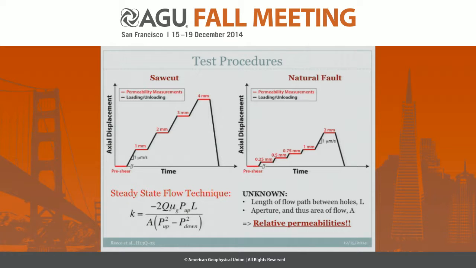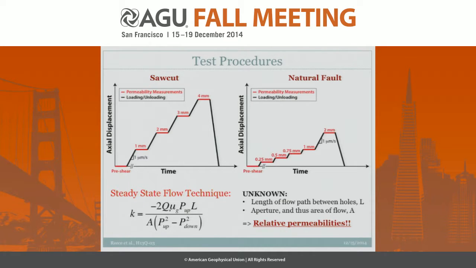So in both cases we start with a pre-shear permeability measurement, so before we actually induce any shear on that fault surface. And then we load the sample with a rate of 1 micrometer per second until we reach 1 millimeter. And then you can see the subsequent steps up to a total axial displacement of 4 millimeter.